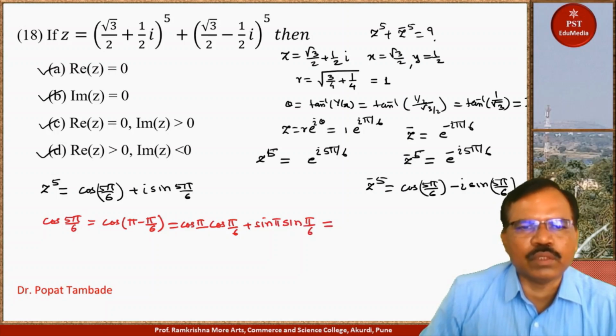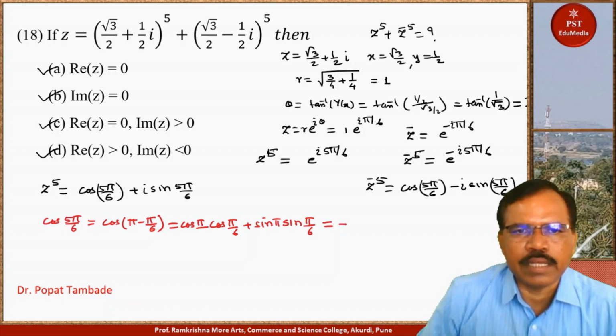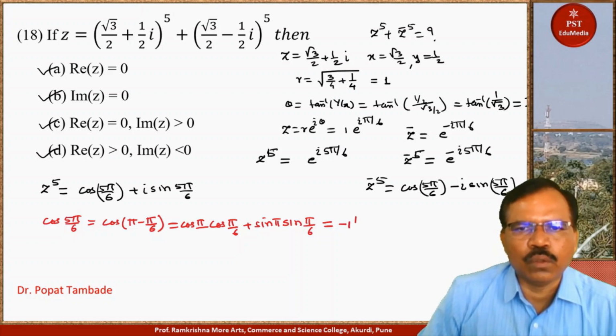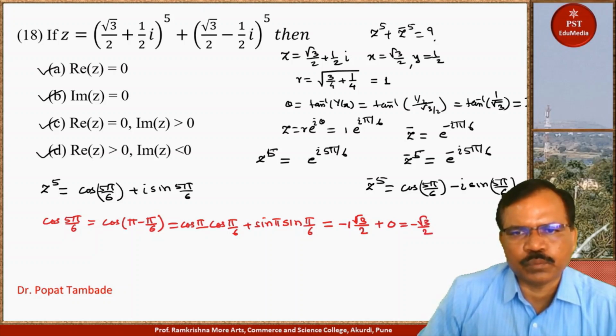Now cos pi is minus 1, cos pi by 6 is root 3 by 2, plus 0. So it is minus root 3 by 2.